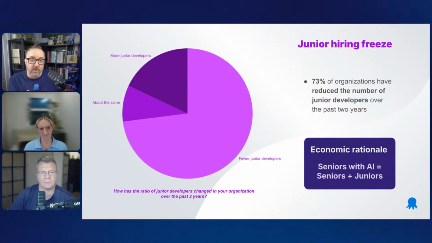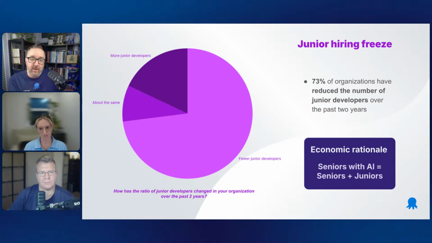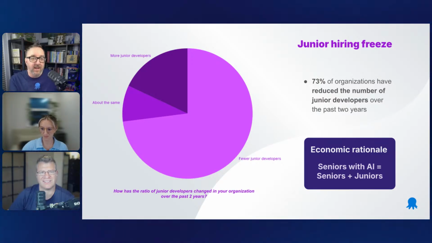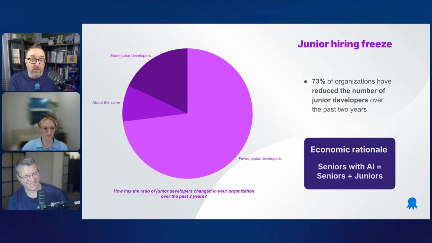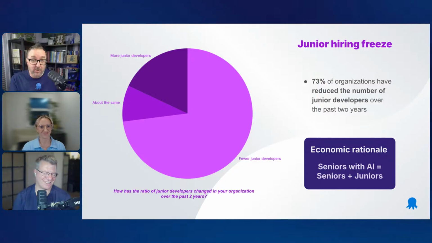And we also know that super experienced developers, we're very bad at keeping them in the industry, because we either promote them into management, which they hate, and it takes them away from the thing they're amazing at, or they decide to go and live in a cabin in the woods. We've all had those thoughts.